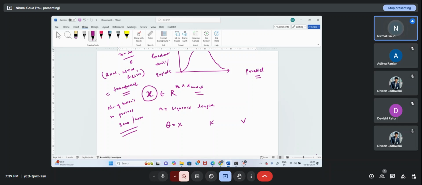After your embedding, you get this input x, which is real numbers of this particular length.